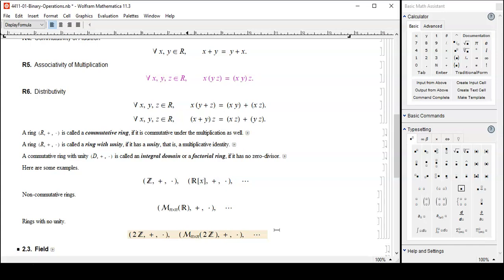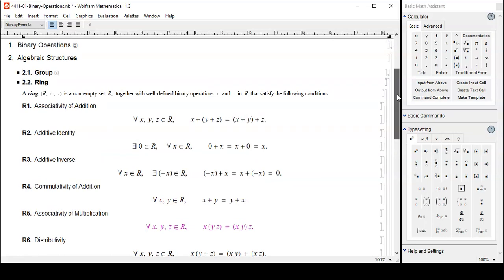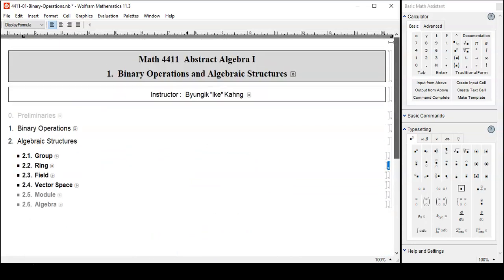But there's no unity. The identity matrix requires 1s in the principal diagonal, but there's no 1 here. They're all even integers. Okay, so much for rings.